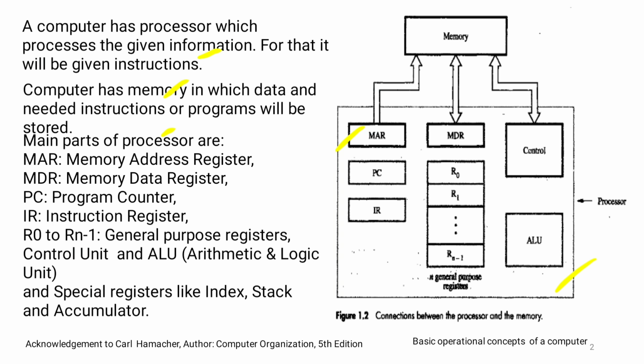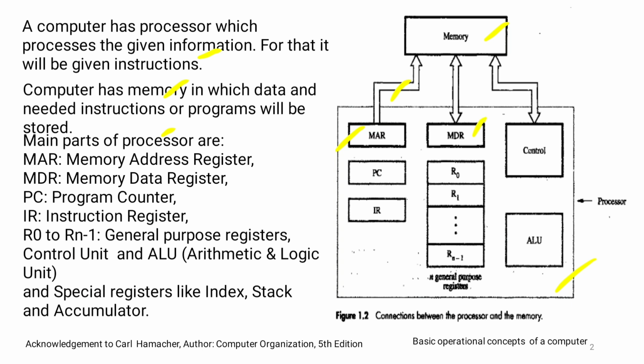Whenever the processor wants to communicate with memory, for either read or write operation, it will place that address in MAR, and that will be put on address lines in the bus, that is the external memory bus. Hence that memory location will respond.